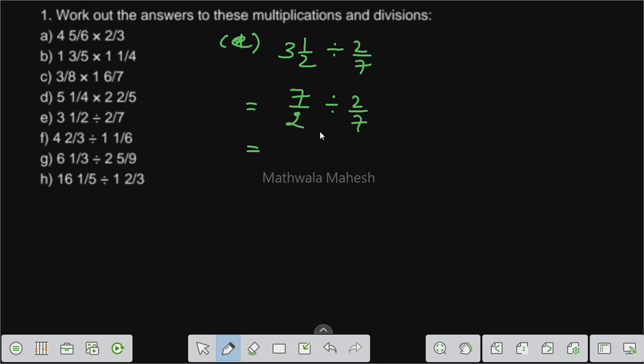And now we have to change this divide sign to multiplication, and we have to take the reciprocal. If we change the divide sign to multiply, then we have to change this number to its reciprocal, which is 7 by 2.